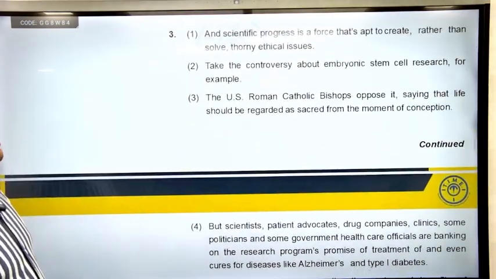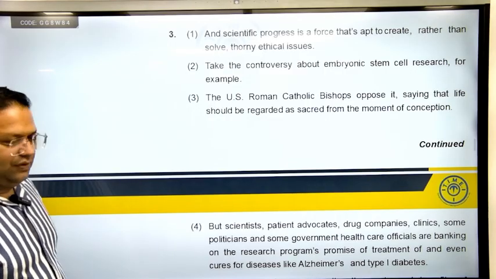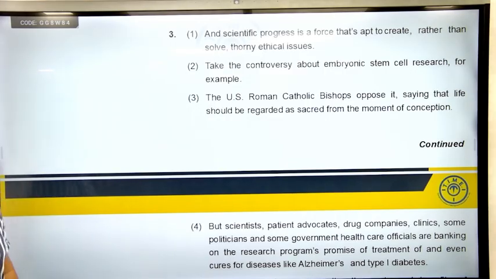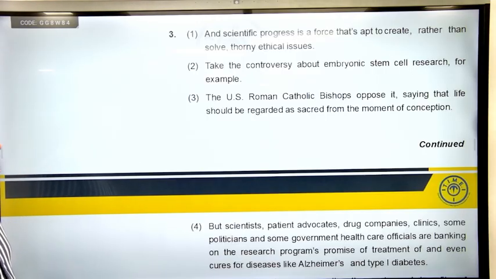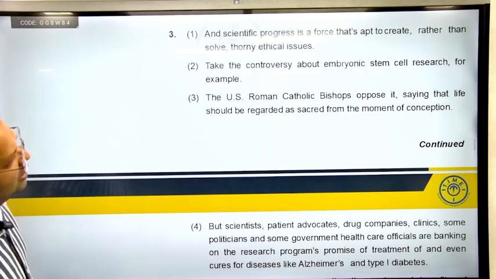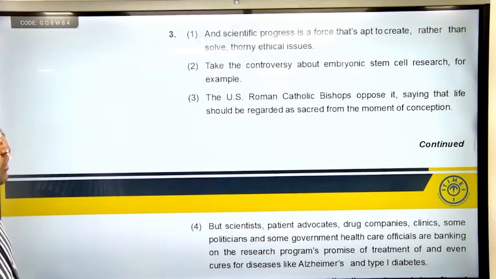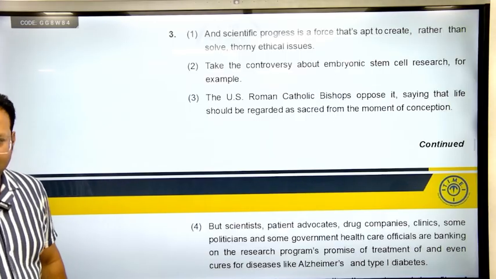And scientific progress is a force that is apt to create rather than solve thorny ethical issues. The second point talks about, take the controversy about embryonic stem cell research for example. The US Roman Catholic bishops oppose it, saying that life should be regarded as sacred from the moment of conception.